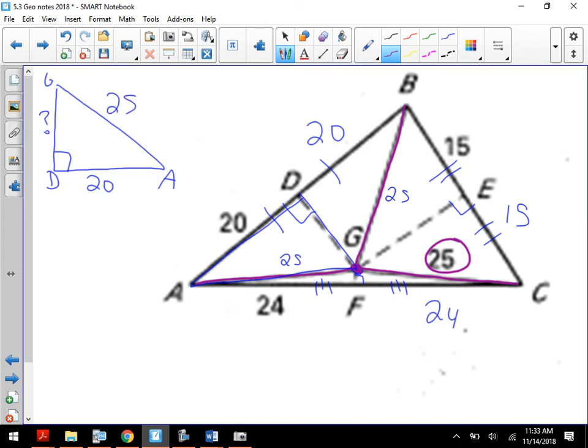What do you do to figure out the missing side length in a right triangle? Something squared plus 20 squared is 25 squared. Doesn't that just become a calculator problem? Okay, take your calculators out and see how we did this.